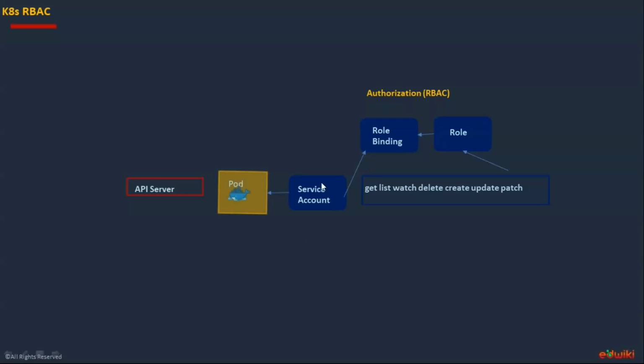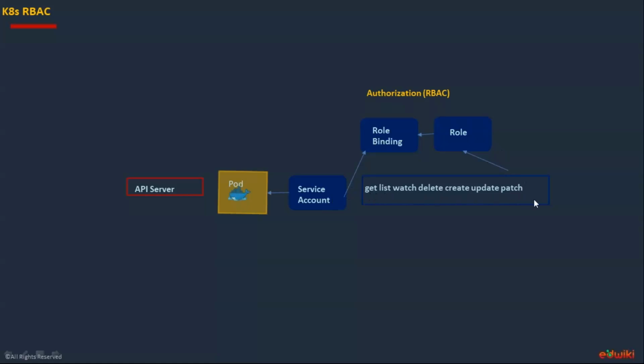Whichever service account you created, that service account now has to be mapped to a specific pod. That means which pod should get the permissions, to that pod you need to attach a service account. This service account is role bound to which role, and that role is attached with what kind of actions or permissions.